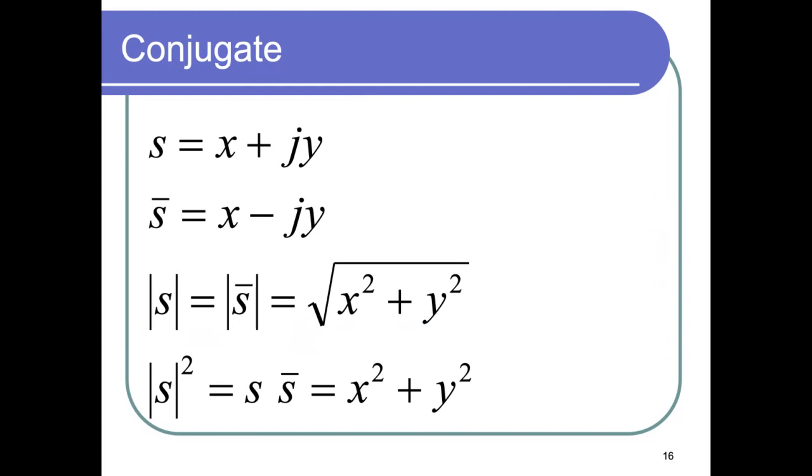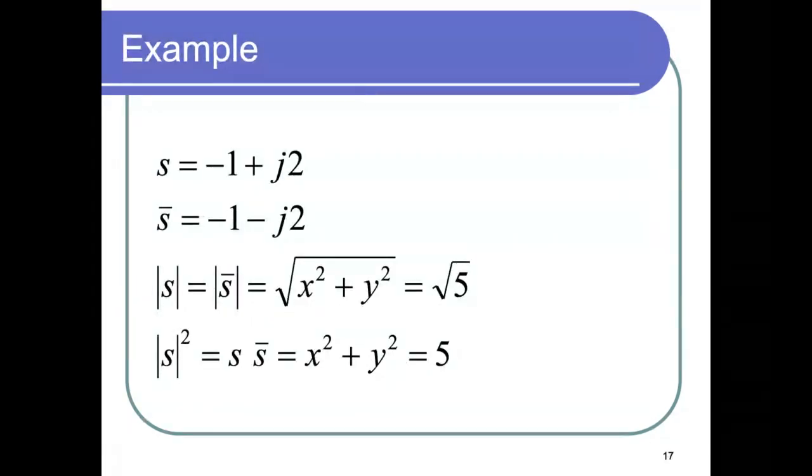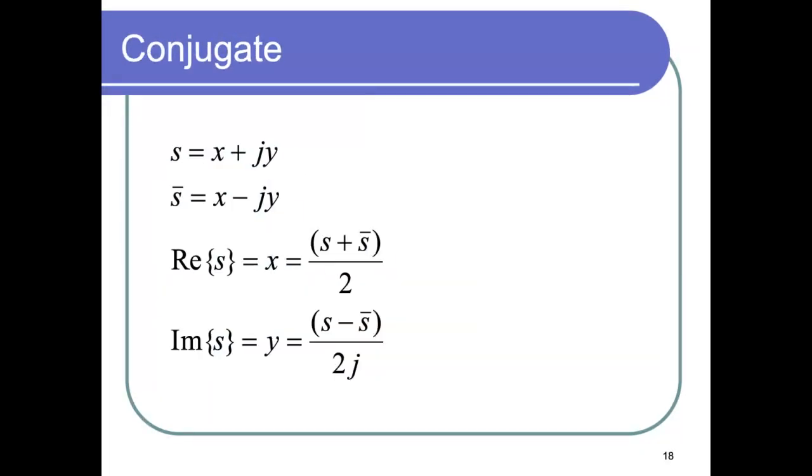Now, conjugates, by definition, they will have the same magnitude. So they'll have the same real part, but a different imaginary part, again, because of the plus and minus signs.